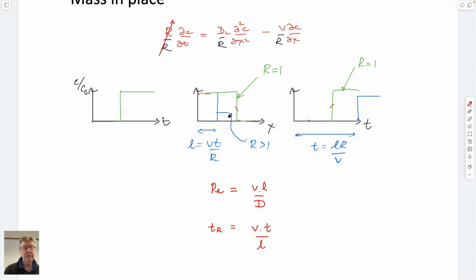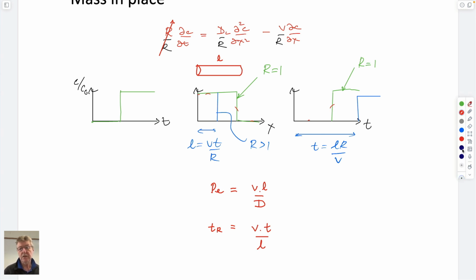So the length is the length of our core. This is the arrival downstream, so this is when it occurs in the residence time distribution.